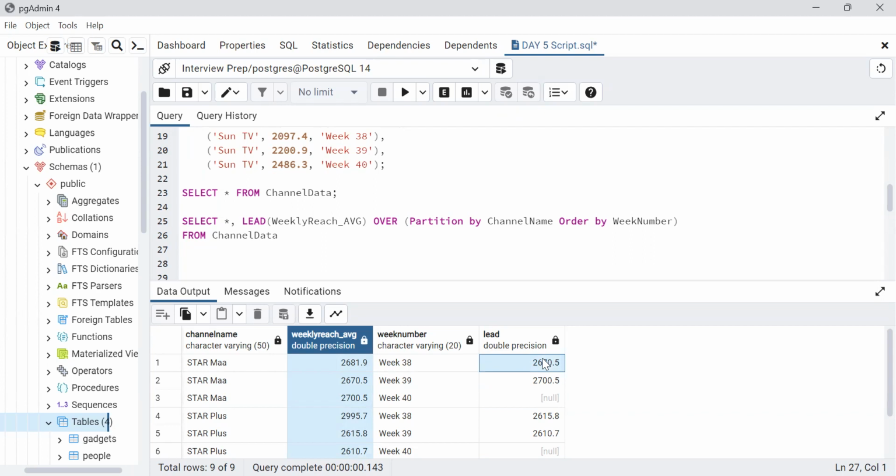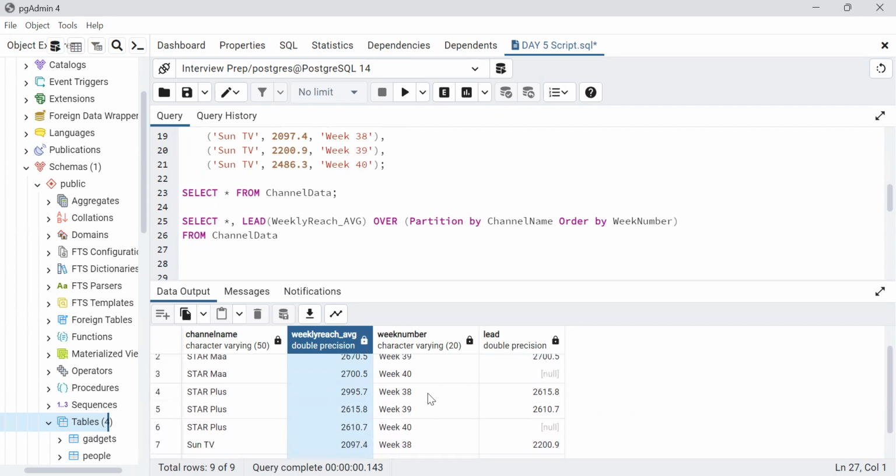If I create the indicator column like that, will it help me in future to identify that there is an increasing trend or a decreasing trend? Do you guys agree when I say that there is a need of an indicator column? Just let me know yes or no in the chats. One yes, what about others? Correct?